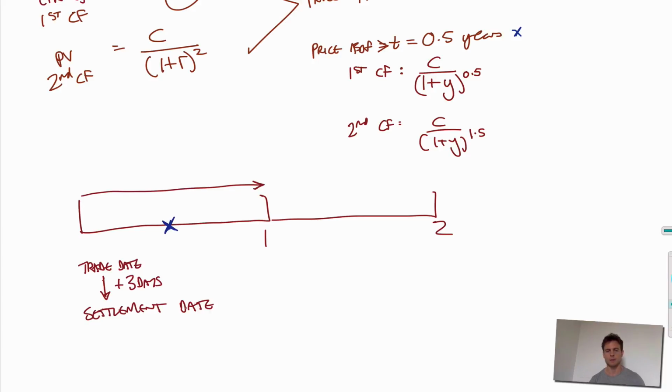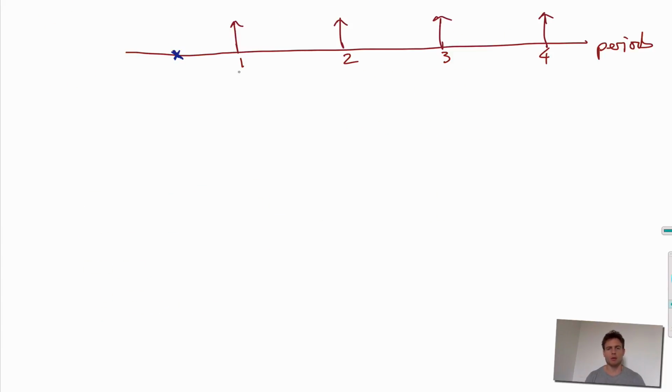It's the settlement date. Okay, so now it's time to talk a little bit about accrued interest, which I think we've mentioned in previous videos, but just to reiterate. Accrued interest is essentially an estimate, for a given period, so let's take this period between t equals 0 and t equals 1 year, of how much of the interest for the eventual coupon payment has already accrued within that period.